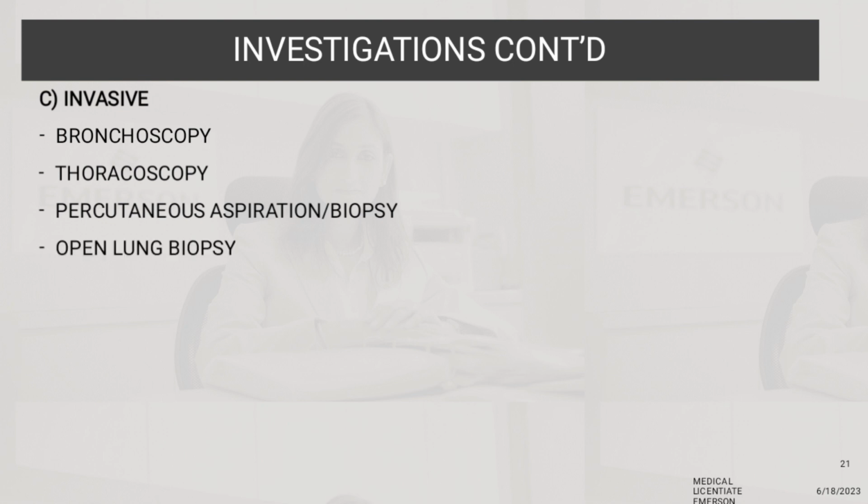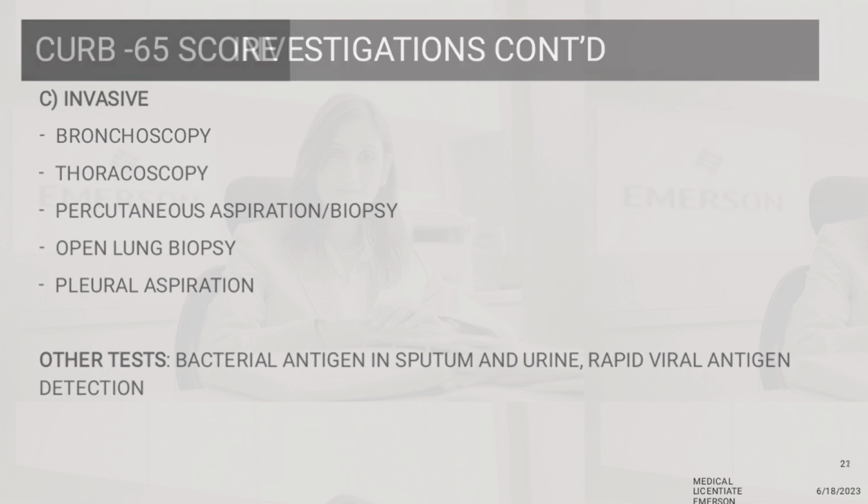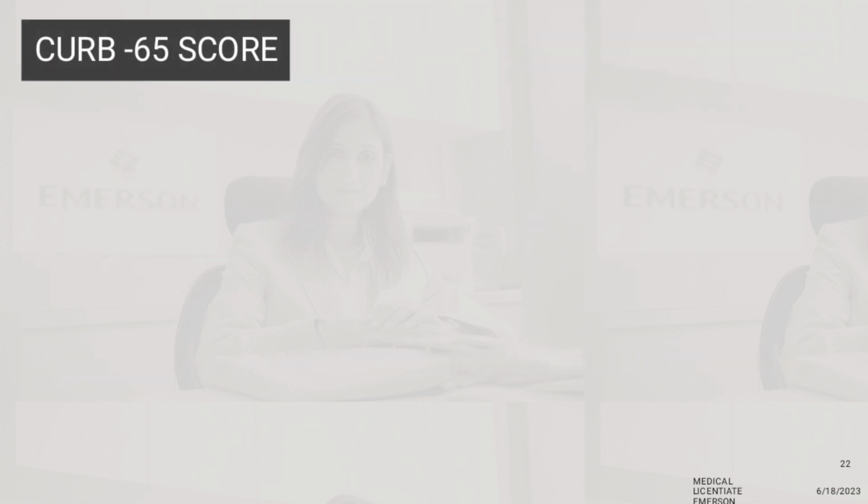Okay, and also open lung biopsy as well, and pleural aspiration to investigate for either MCS or DNA expert, or this will just investigate the pleural fluid that you have gotten. Then other tests can have a bacterial antigen in sputum and urine, rapid viral antigen detection as well. Then that's the end of our investigations.